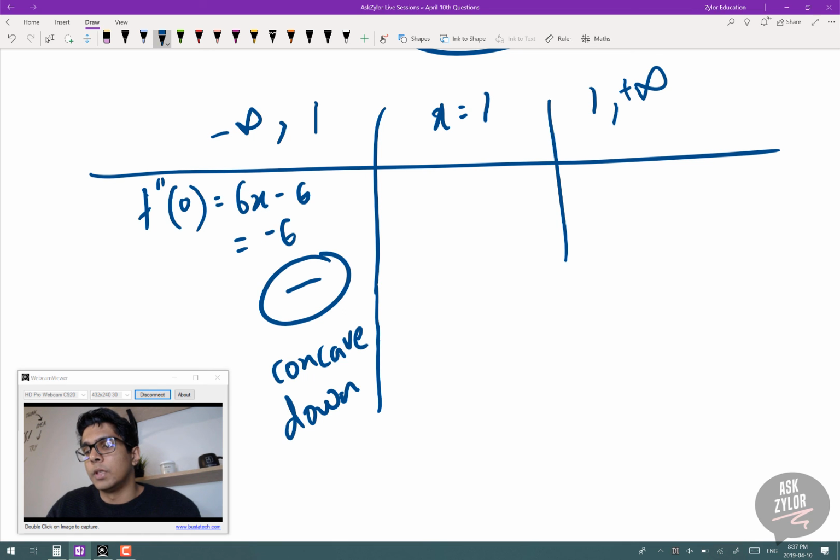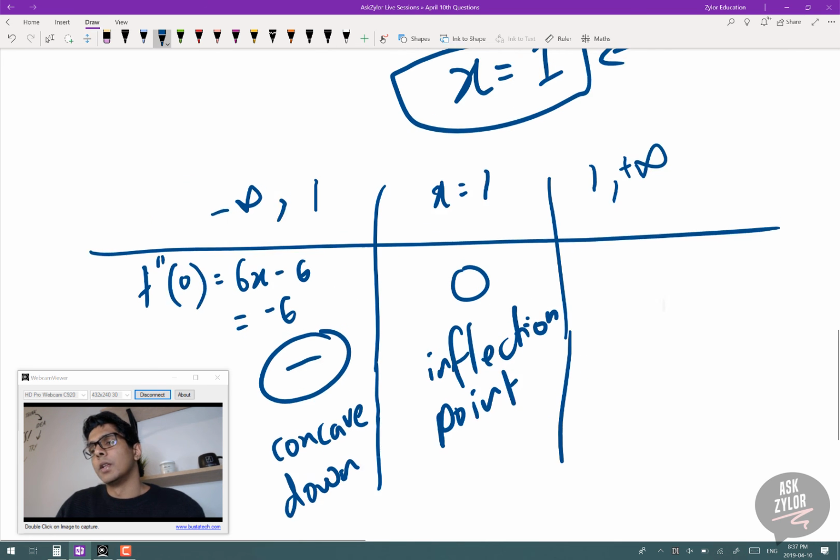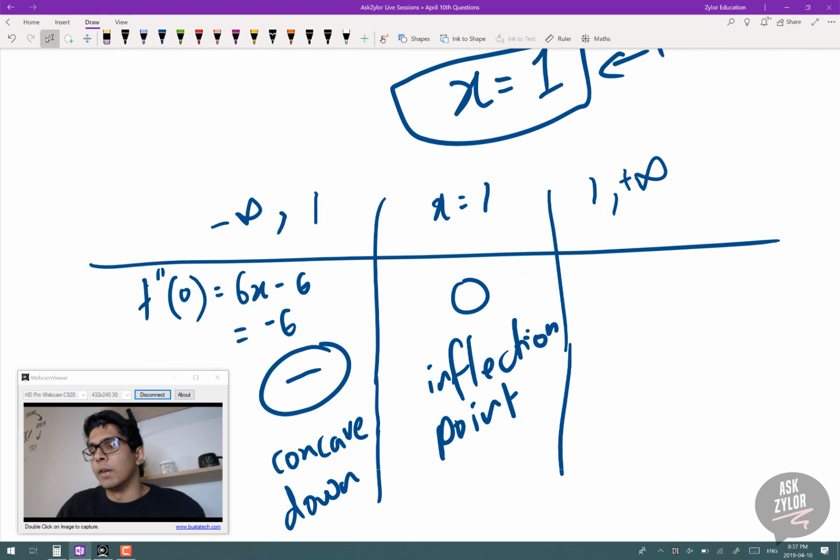Right? At x is equal to 1, I have 0 because it's an inflection point. So I don't really have a concavity there because I'm changing concavity.